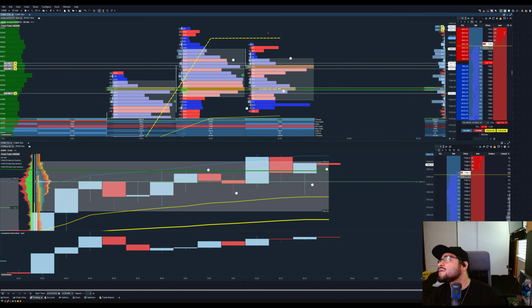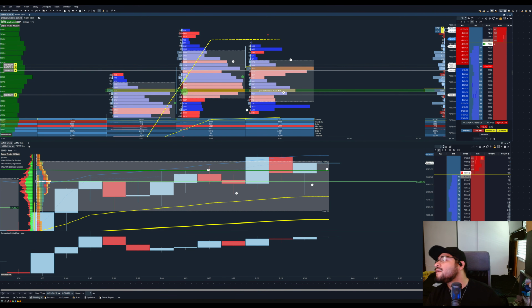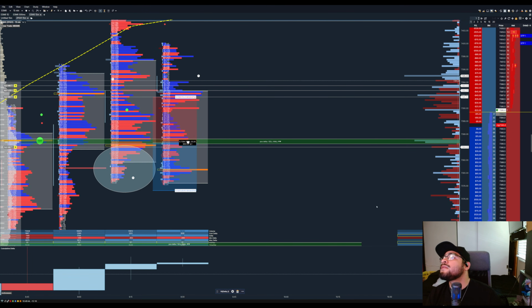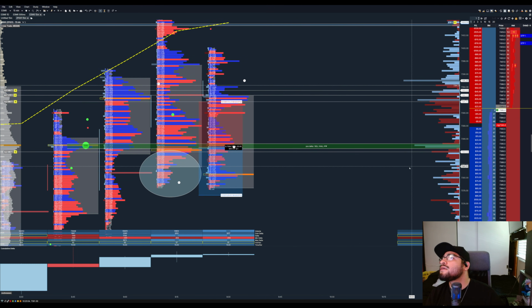Might cancel it on my PA, or do I let it hit stop loss? Oh, we have a zero print. Oh, just filled it in. Yeah, this is the 15-minute chart.